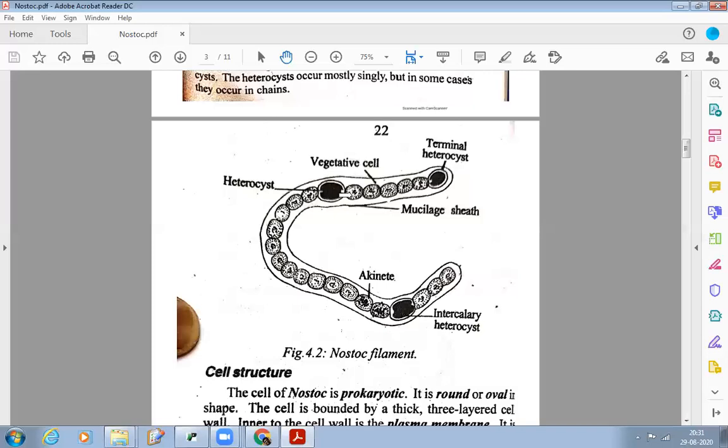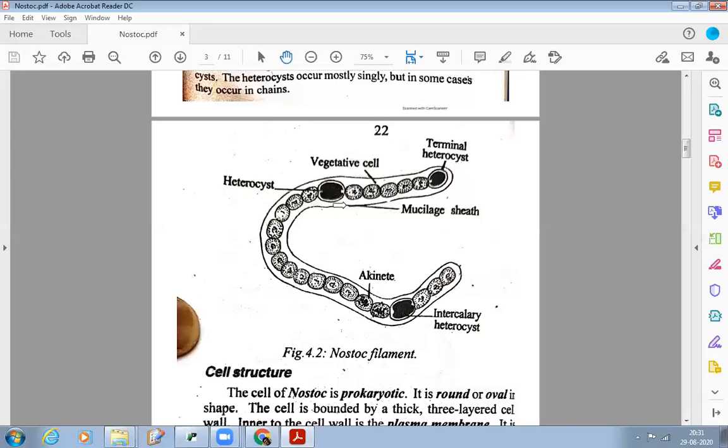Intercalary heterocysts. These heterocysts are specialized in nitrogen fixation, and they have pores on either side, especially the intercalary heterocysts. They have pores in the two adjacent sites. These are the protoplasmic connections between the vegetative cell and the heterocyst.